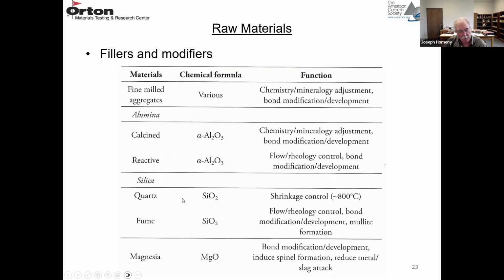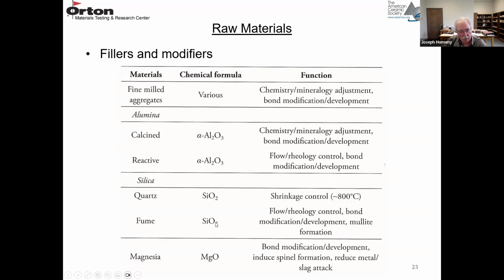For silica, quartz is usually inert at low temperature, so it's there to control the shrinkage. It's inert and stable. And there's also fume silica, which is a very fine silica that affects the flow or rheology, and also how the bond develops, how the phases develop in the matrix.